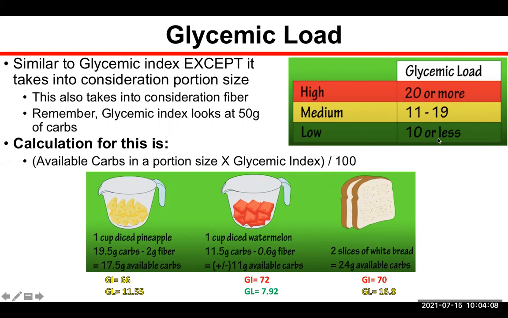For the glycemic load, anything below 10 is considered good, and anything above 20 is considered bad. Here I have a comparison of fruit versus white bread, and this all accounts for a typical serving size that people will eat.